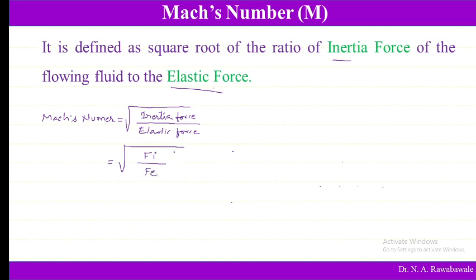So now inertia force is known to us, that is rho A v square. Now what is this elastic force? Elastic force is nothing but the elastic stress into area.